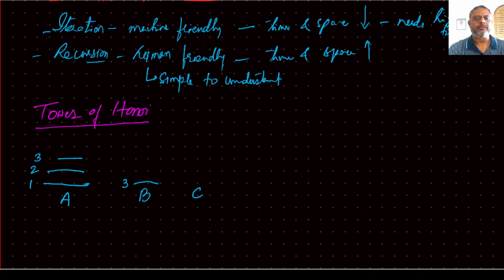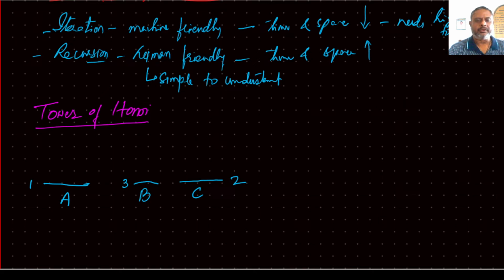Now slab 3 is no more here. Then what can we do? Now slab 2 can be shifted. So let me shift slab 2 to C. What next? Where should I place slab 1?